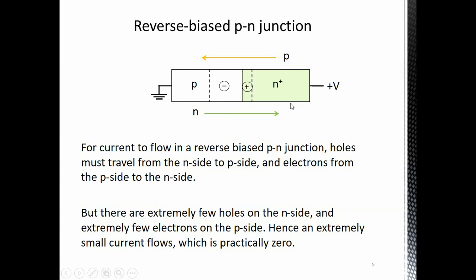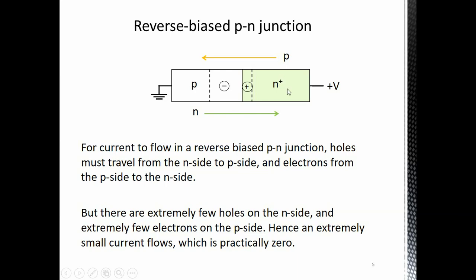Now, the reason current does not flow in a reverse bias PN junction is because we want electrons to flow from the P side to the N side because of the polarity of the voltage, but there are very few electrons on the P side.